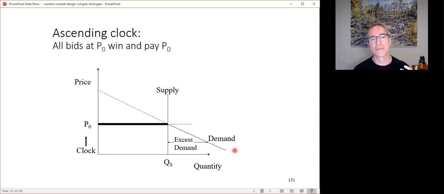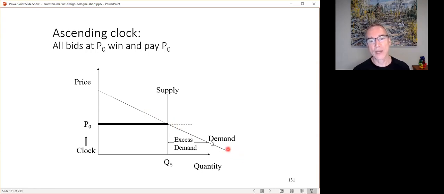Continuous time is a figment of a theorist's imagination. It doesn't actually exist in the real world, where we're using discrete computers for computation and communication. So it really does make sense to do discrete rounds.